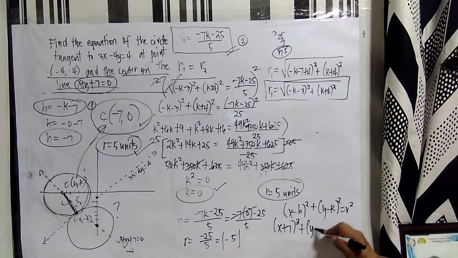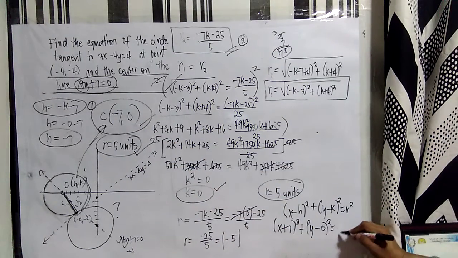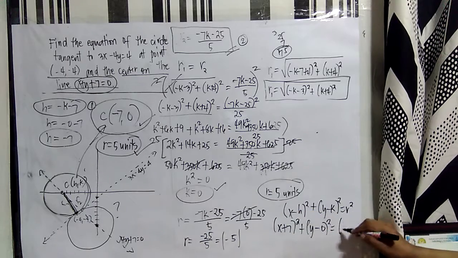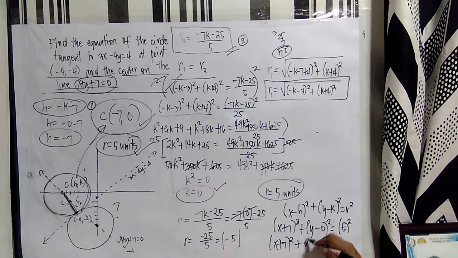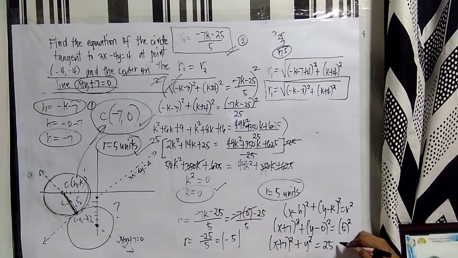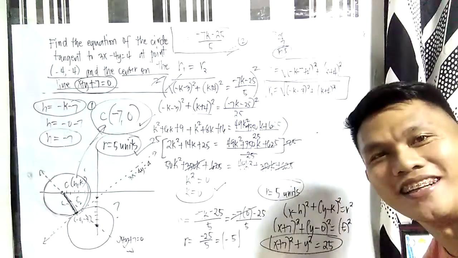Plus y minus our k, which is 0, squared equals our r, which is 5 squared. So our standard form, x plus 7 squared plus y squared equals 25. So this is the standard form of the equation of the circle.